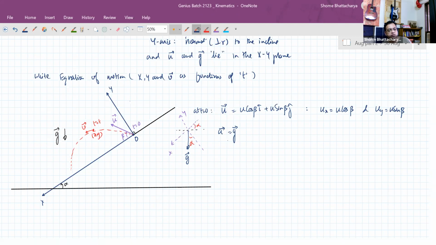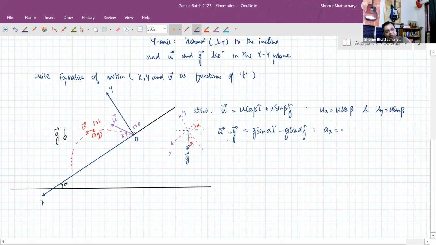So g's components are going to be g sin alpha i cap and minus g cos alpha j cap. Or we can write it in component form. As I said, now we have an x component of acceleration, and that's going to be positive in this case. Whereas the y component is negative. So this set of equations is going to be more useful for us when we write it in component form.